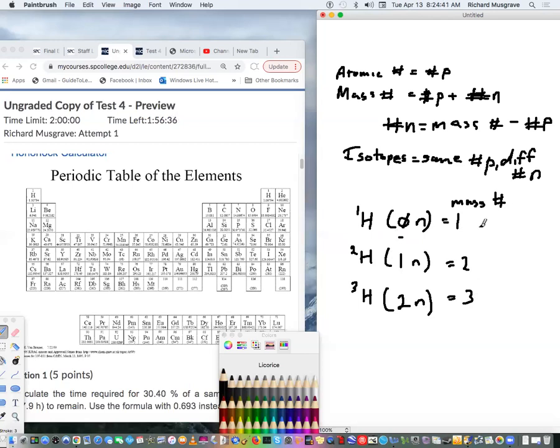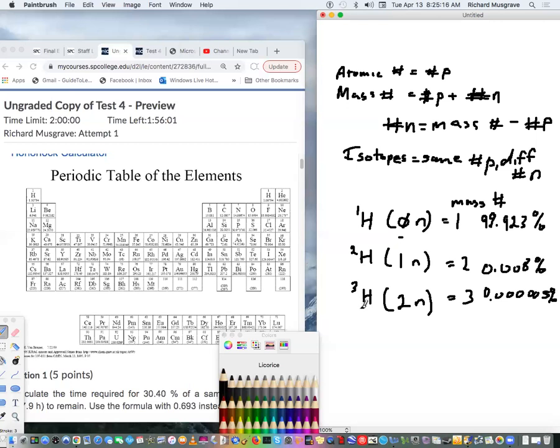Now for hydrogen, it makes up about 99.923%, something like that. Then you've got deuterium, which makes up 0.008% or something like that. And then tritium, which makes up 0.00005% or something like that.